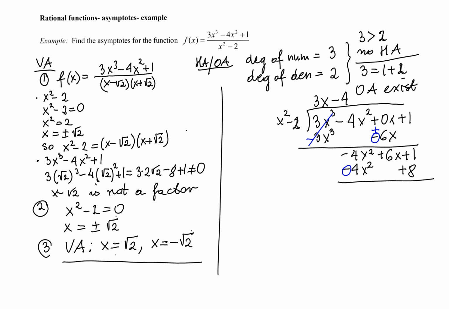Subtracting those two polynomials, changing the sign to the opposite and adding, will result in 6x minus 7. Since 6x minus 7 has degree less than 2, this is our remainder, and 3x minus 4 is our quotient. And therefore the oblique asymptote for this function has the equation y equals the quotient in the division, which is 3x minus 4.